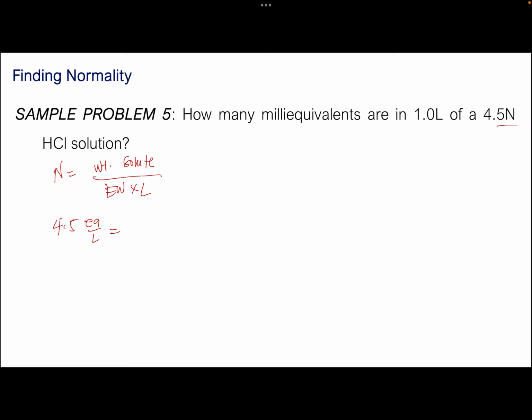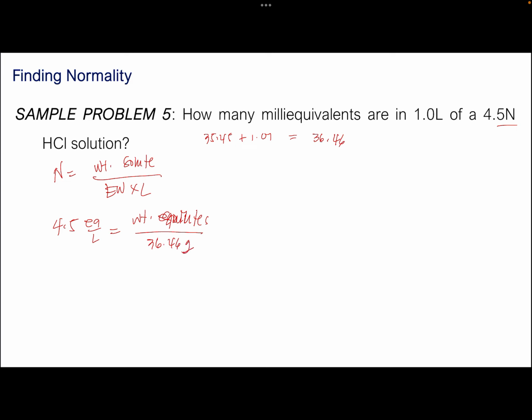The weight we do not know, so we solve for the weight of solute. EW for HCl is 35.45 plus 1.01, 36.46.